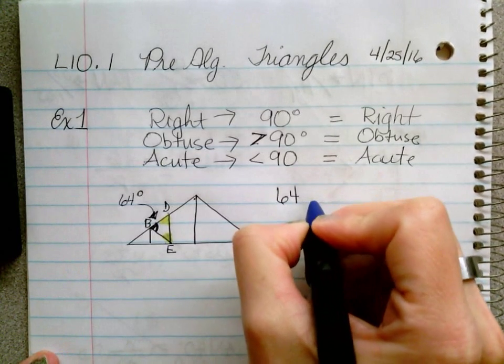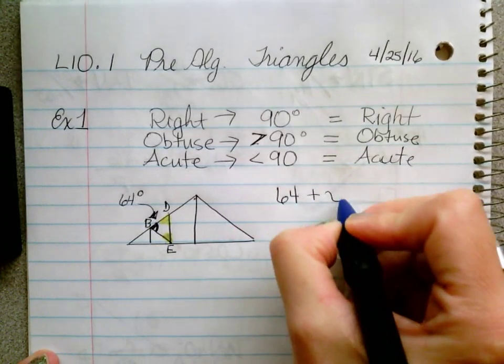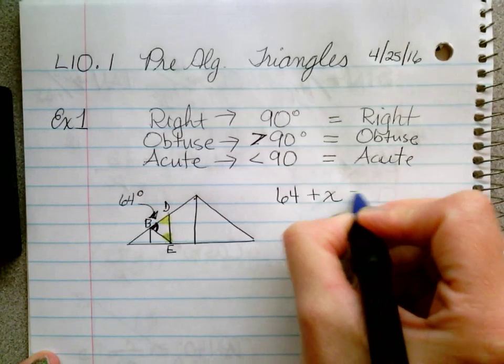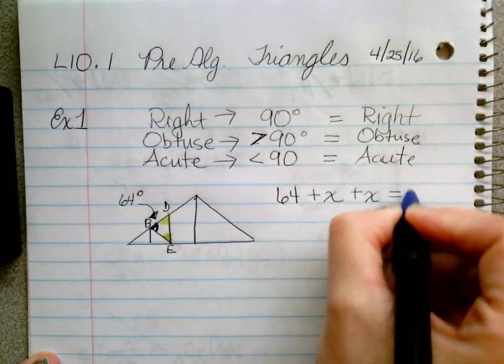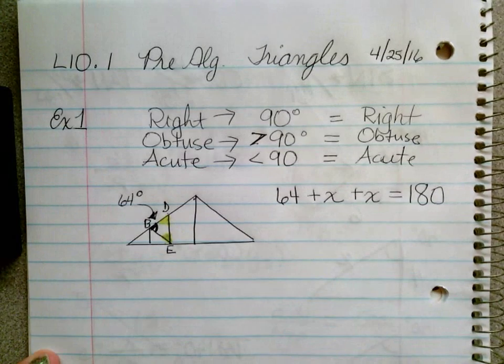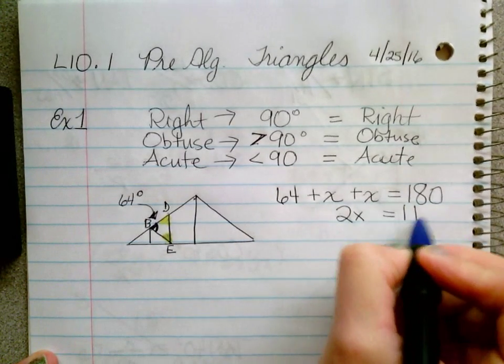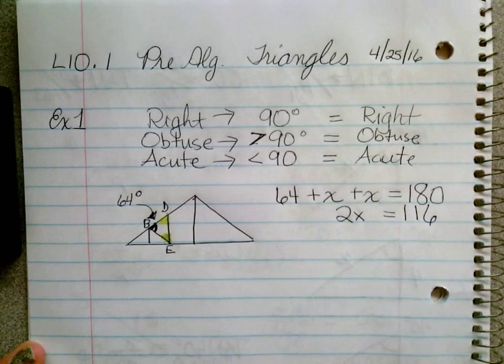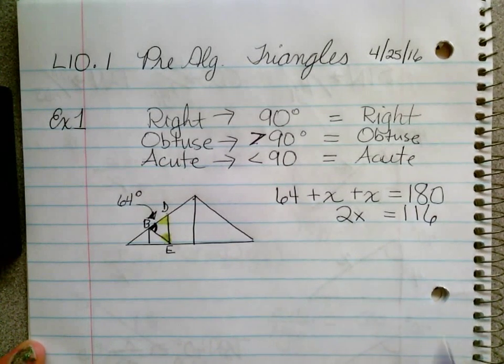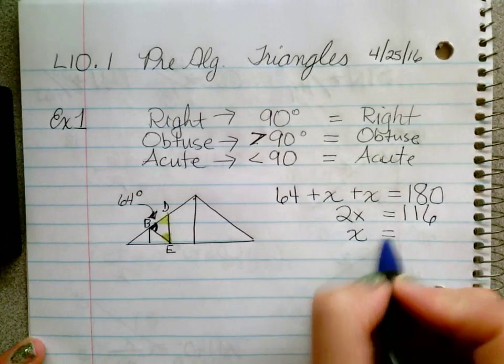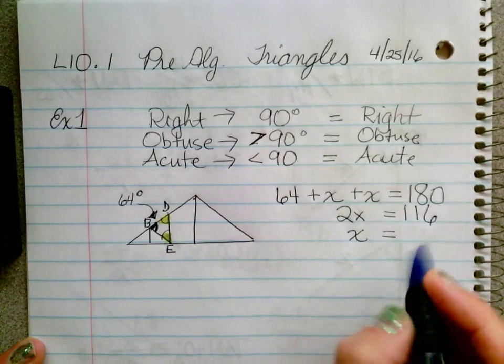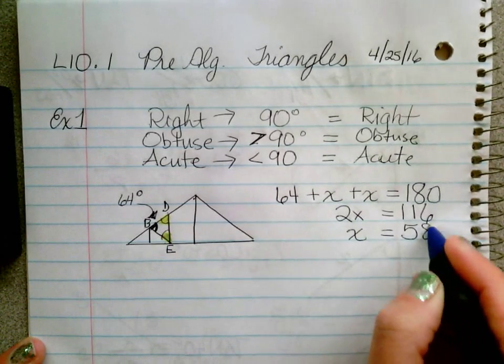The 64 degree angle that I know added to the other angles must equal 180. Subtracting the 64 and combining your x's, you come up with the total that remains. Dividing by 2, you get the value of those 2 yellow angles, which is 58 degrees.